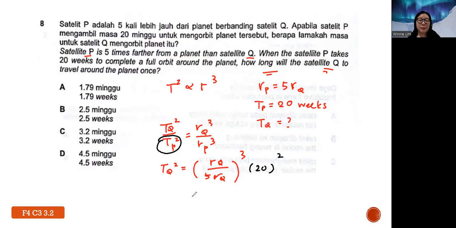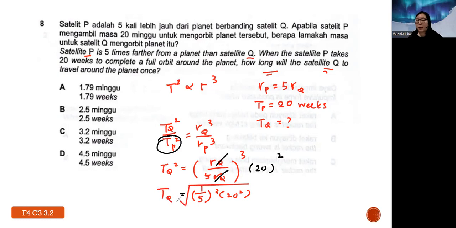Then you will do the maths part. You will cut off this RQ, then it becomes 1/5 cubed, 1/5 cubed, then times 20 squared. But the whole thing has to be square rooted if you want to have TQ at the end.